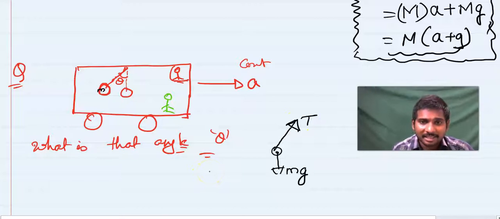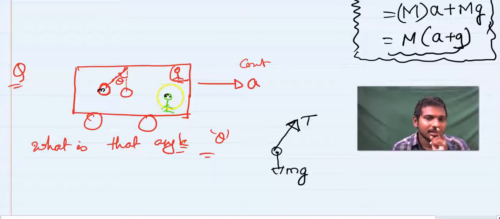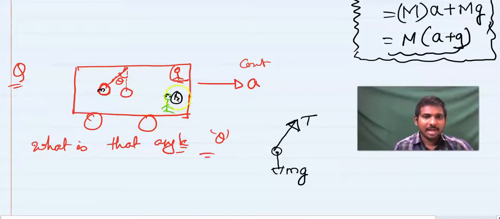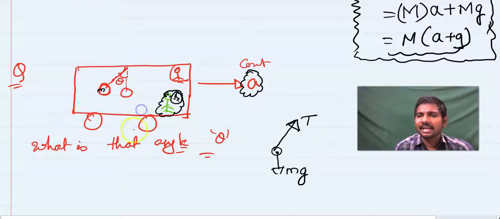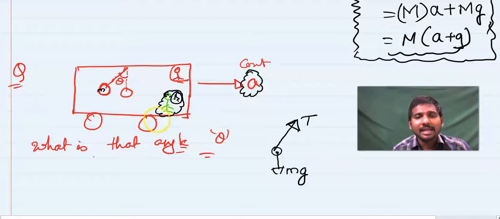Is it over? Is there any other force? Yes, you're guessing it right, because here the observer is sitting in that car. According to us, he is a non-inertial frame of reference because the car is going with an acceleration a, which means he is also accelerating with acceleration a with respect to the ground. So there should be a consideration of pseudo force.